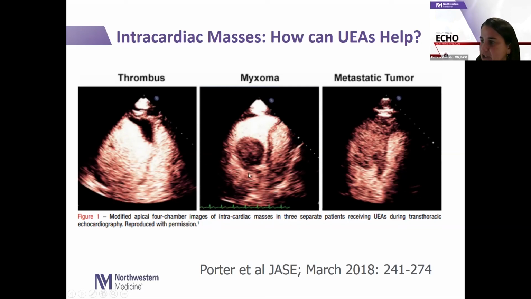However, with myxoma, you do see that there is some echo contrast within the mass. And then with metastatic tumor, you see that there is even more echo contrast within the mass, and this shows that there's increased vascularity. So that can help to delineate intracardiac masses.